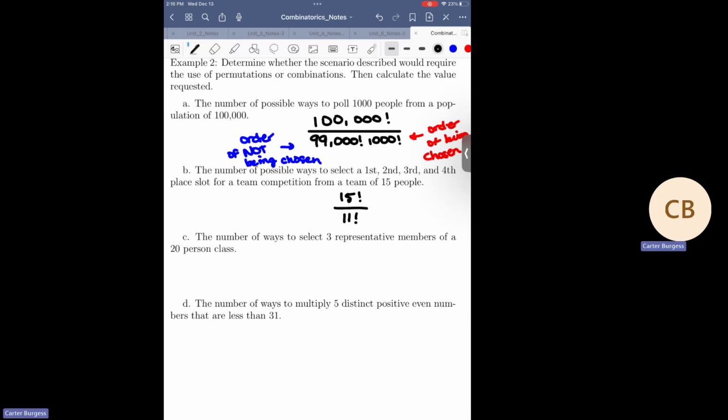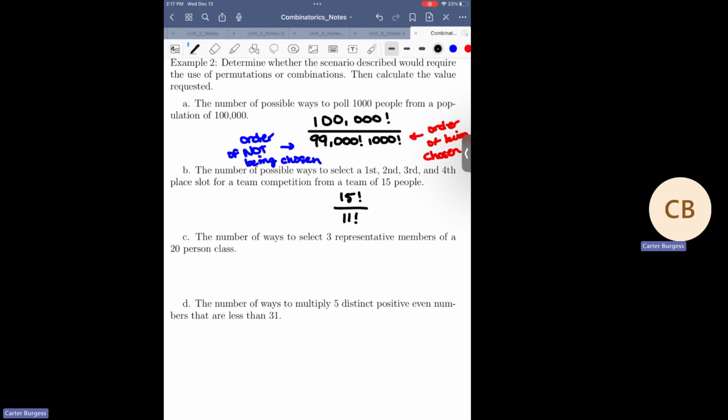Okay, for C, we're trying to take a class of 20, trying to pick 3 representatives from our class of 20. Is this a scenario in which order matters or doesn't matter for those being selected? Doesn't matter. Now, we could imagine a scenario in which it does.